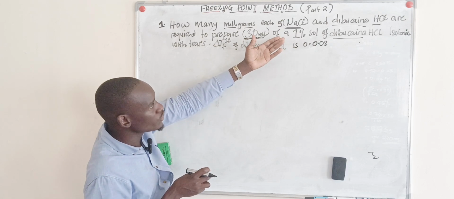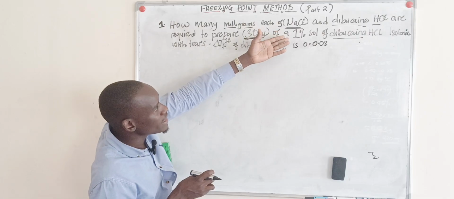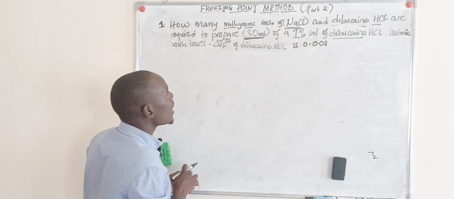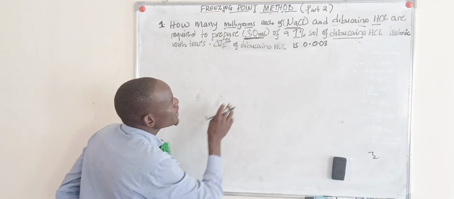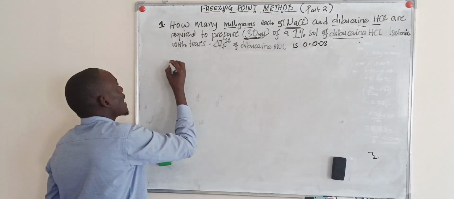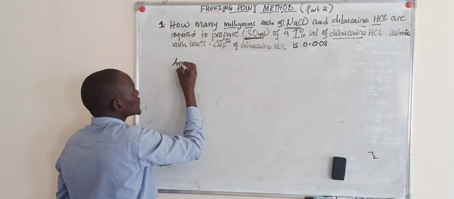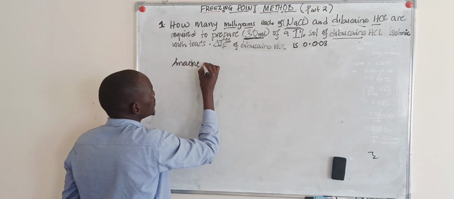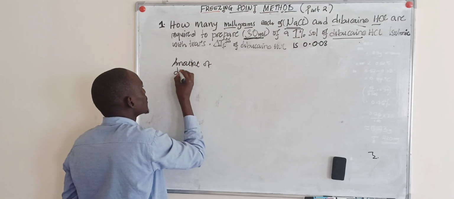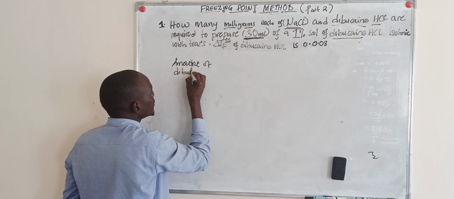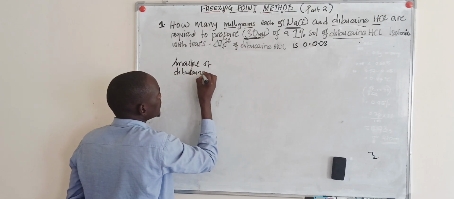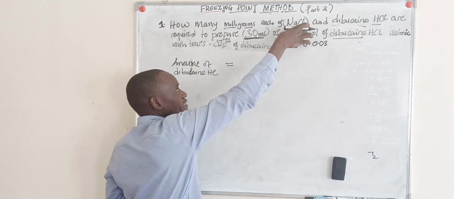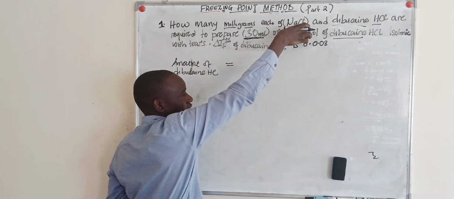So we are going to begin by doing that. How are we going to do that? We are going to say amount of butyl hydrochloride will be equal to, they have given us for a 1%.